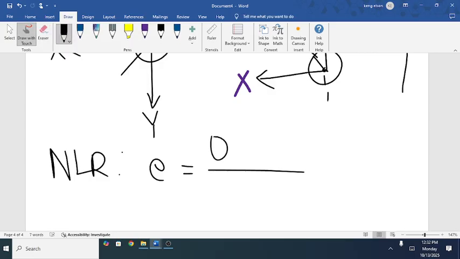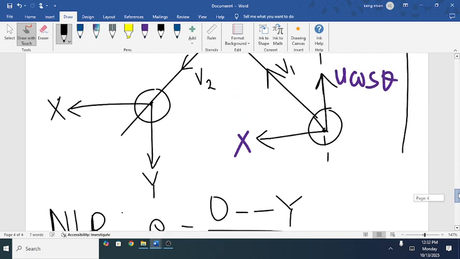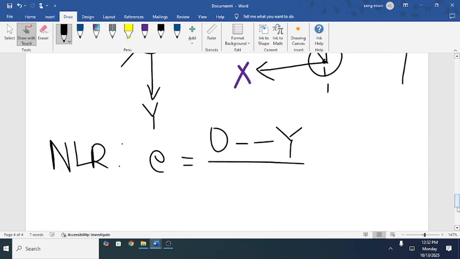V wall is 0 minus v of the sphere, which is negative y because y is pointing downward, divided by u of the sphere. What is u of the sphere? It is u cos theta because that's the initial along the line of centers when we are going towards the wall. So you have u cos theta, then minus 0.